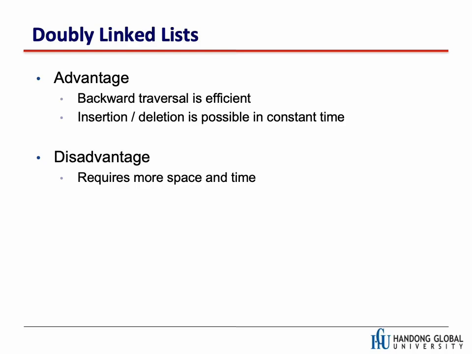And what is the disadvantage? Obviously, it requires more space and time. It means we need one more pointer, so we need more space. And then we need more time. When we insert or delete, we have to manage all the pointers. We have more pointers, so we have to handle additional pointers. So it takes more time.